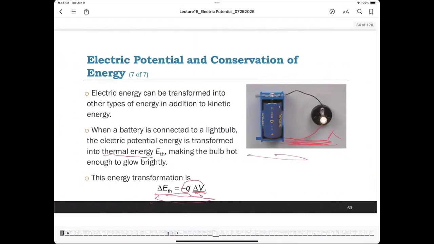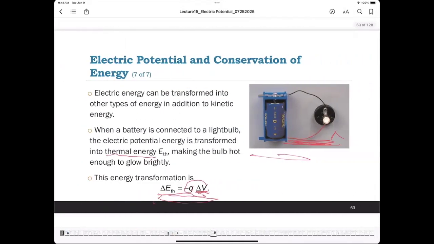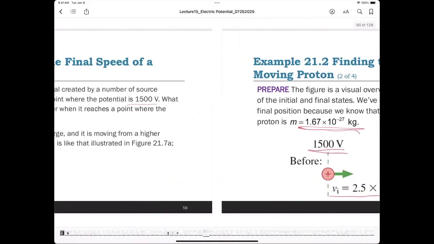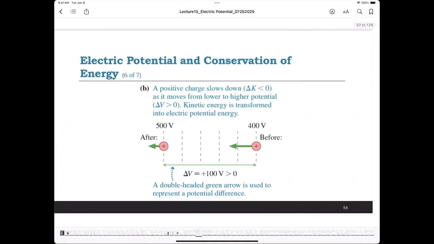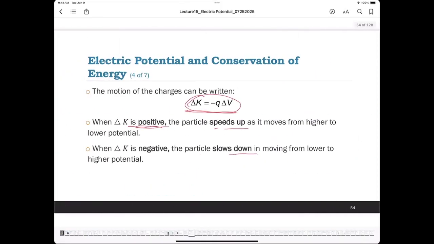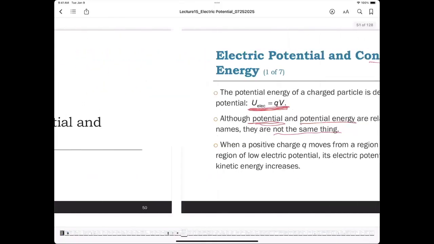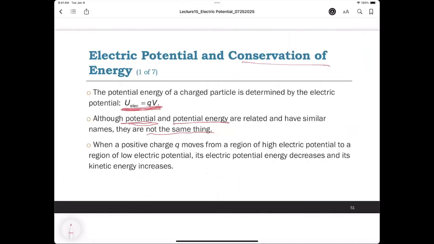Wait for me for a moment. Yeah, here. Let me try to get a clearer view. Here, this is the equation for the electric potential energy. Yes, it is QV.